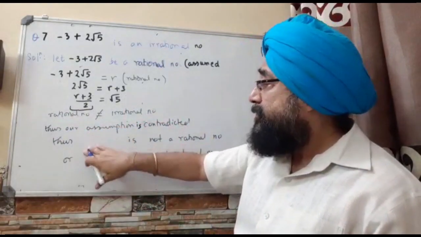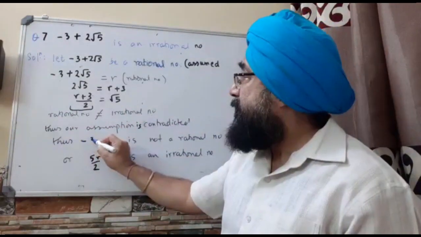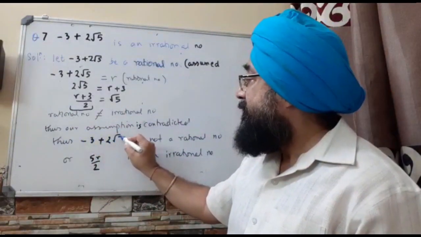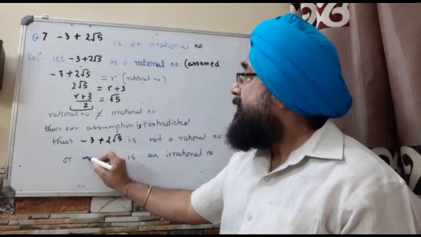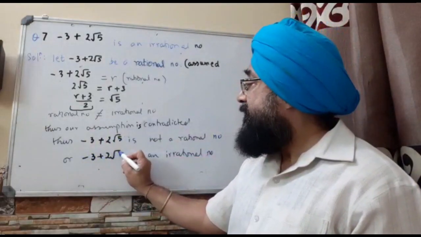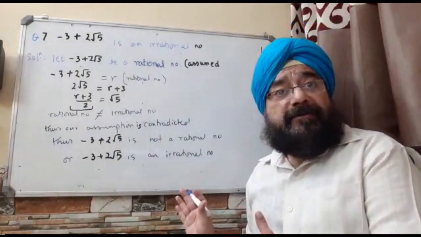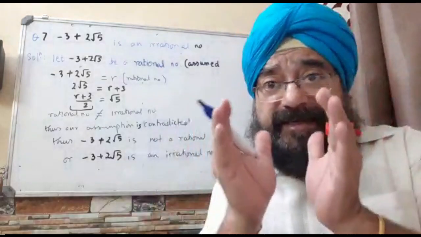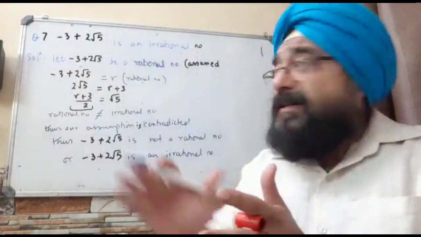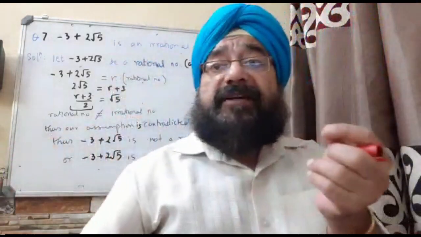And thus we can say that minus 3 plus 2 root 5 is not a rational number, or we can say that minus 3 plus 2 root 5 is an irrational number. So all the questions one by one fall in the same set of statements and can be fixed and proved.